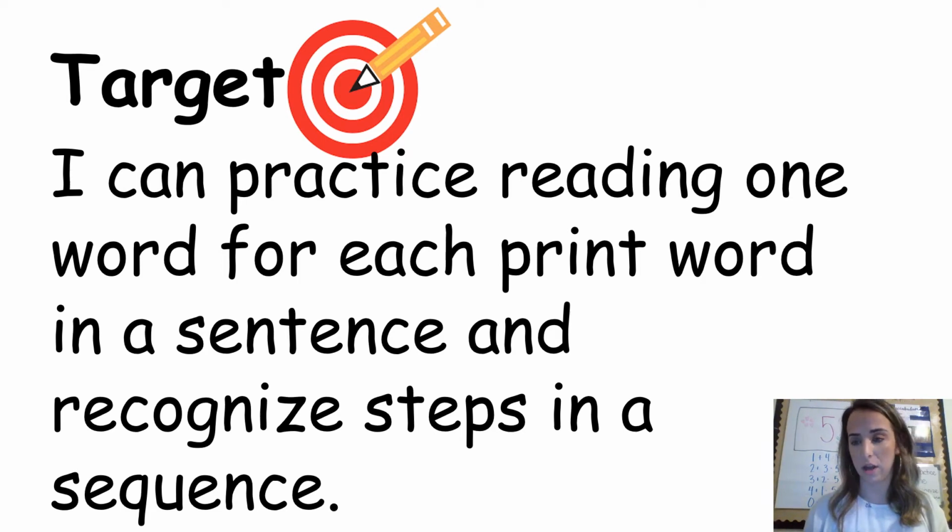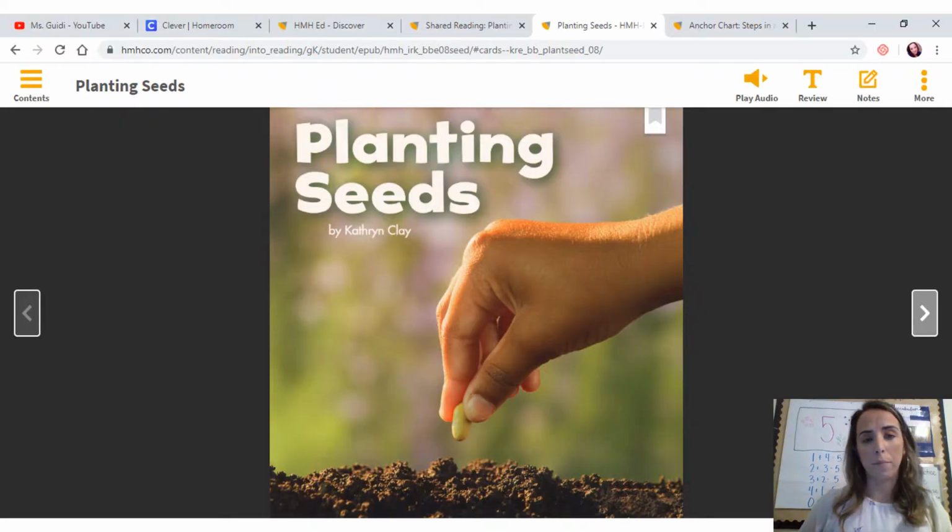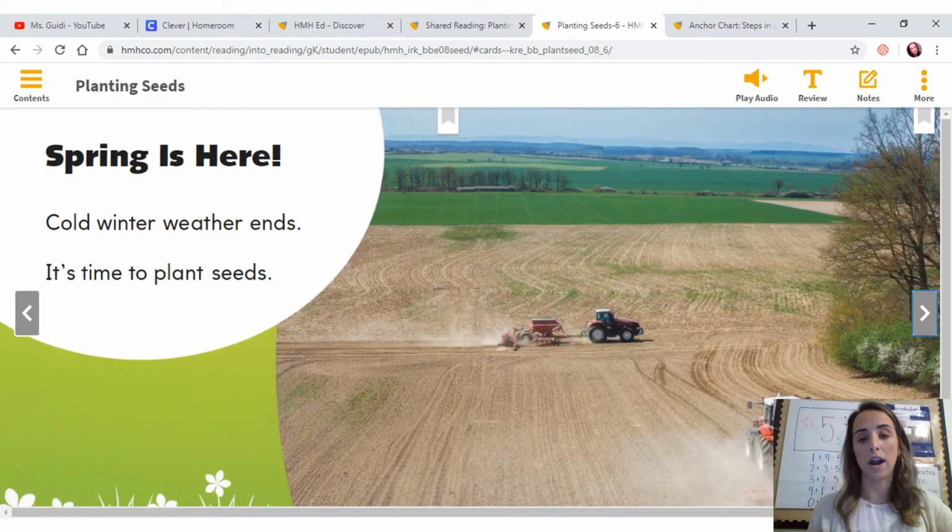All right, so here we go. So here is our book, Planting Seeds. The first thing we're going to do is think about how we read each word. So we're going to look at our heading. Let's find our heading. It is right here. I'm going to read, and then we're going to figure out how many words are in our sentence.